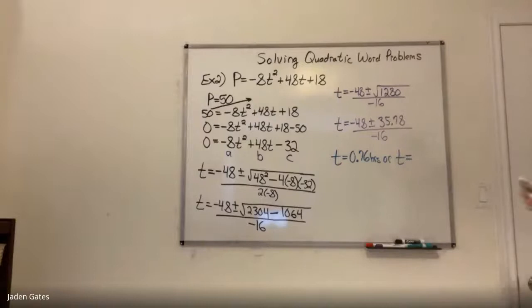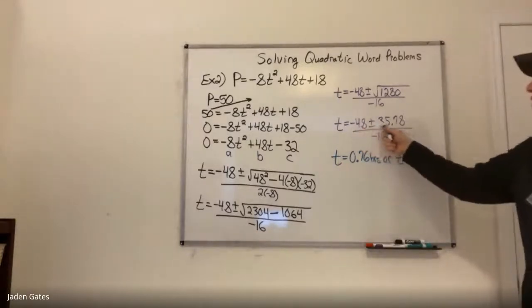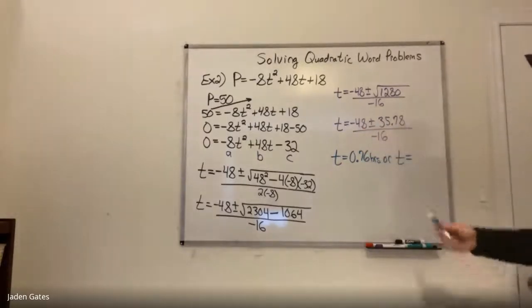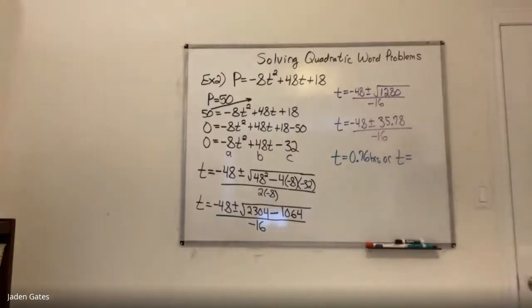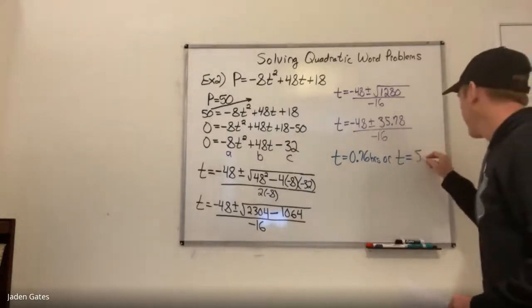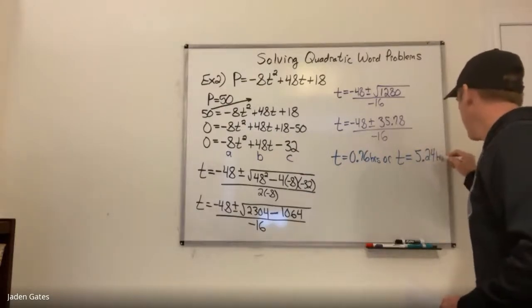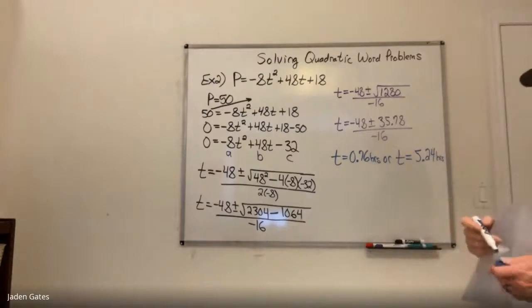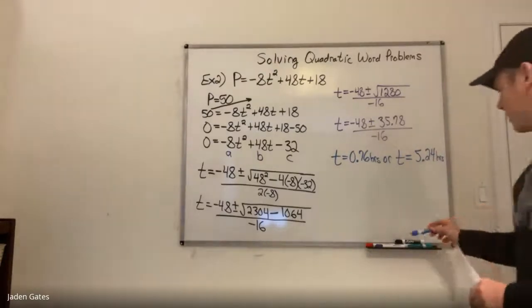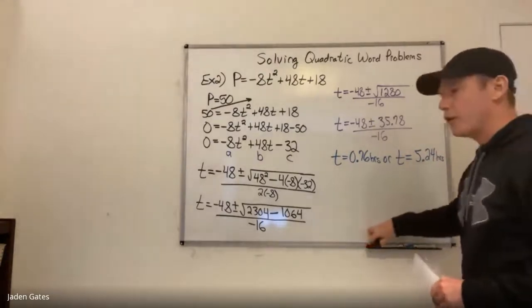So I take my negative 48 minus 35.78 and then divide by negative 16. So again, I'm going to get an answer here. And I get 5.24 hours.